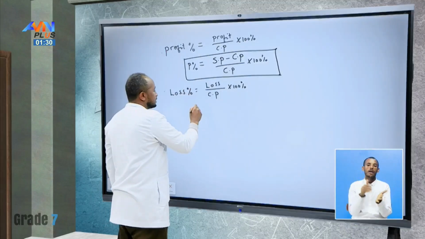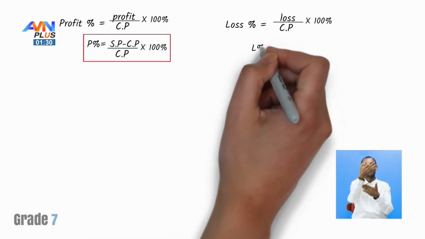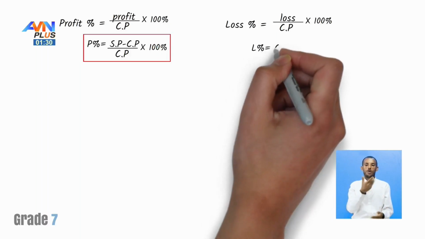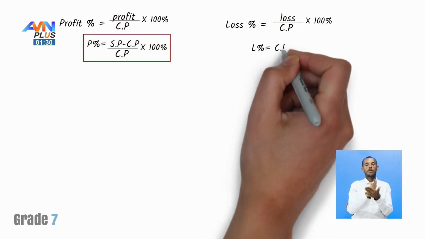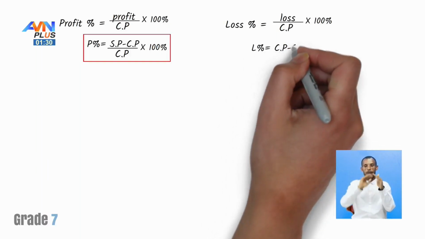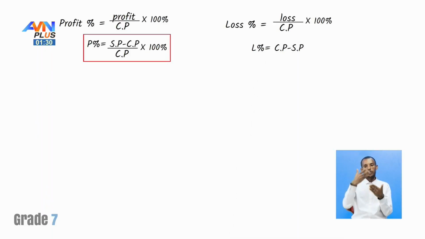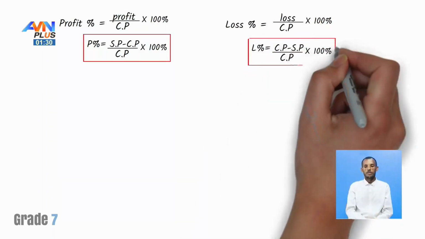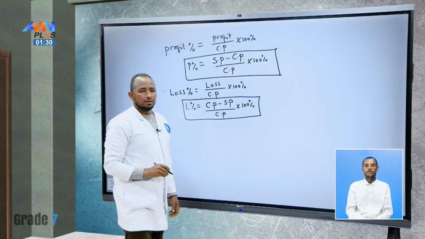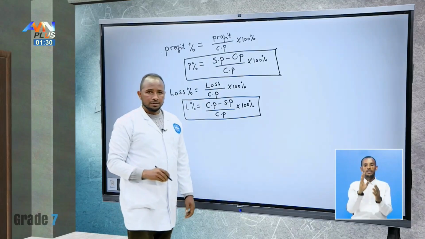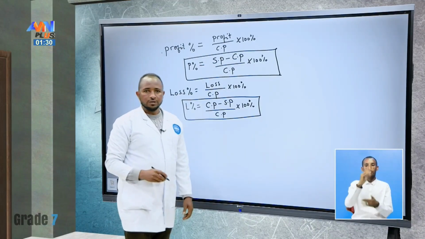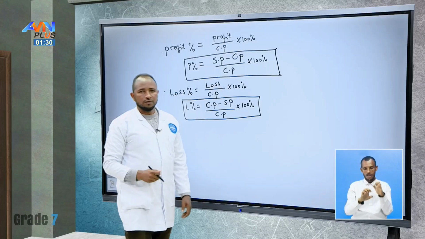We can rewrite this as cost price minus selling price, divided by cost price, times 100% to convert it into percent. So this is the equation for calculating loss percent. That's it. Now, let's apply these two formulas in evaluating loss percent and profit percent.